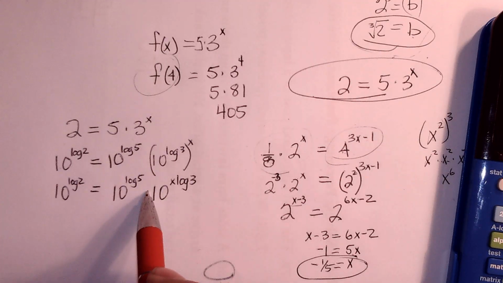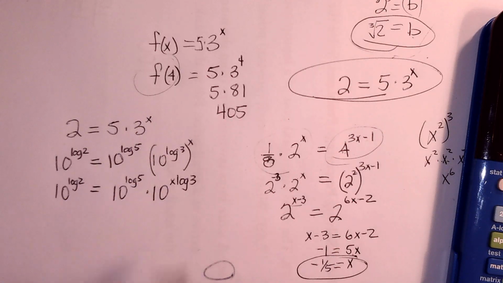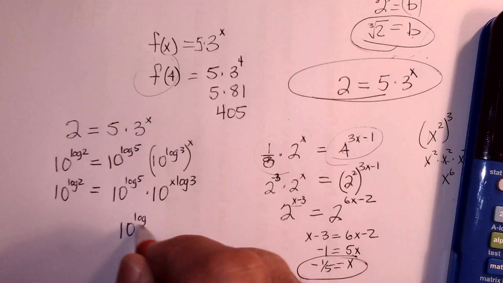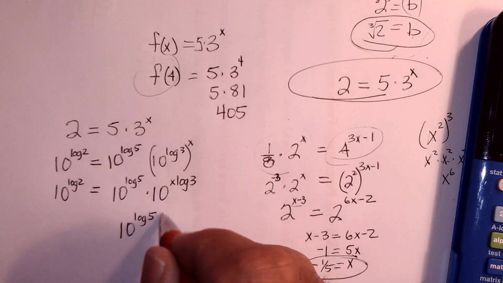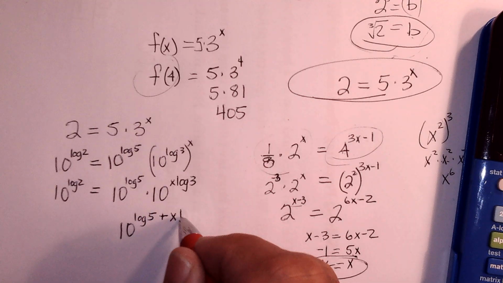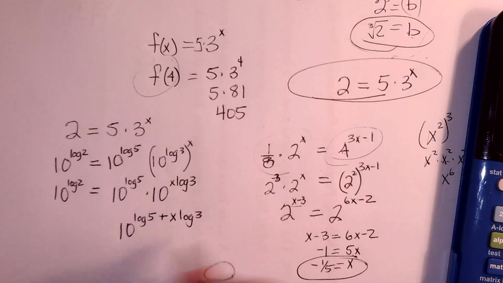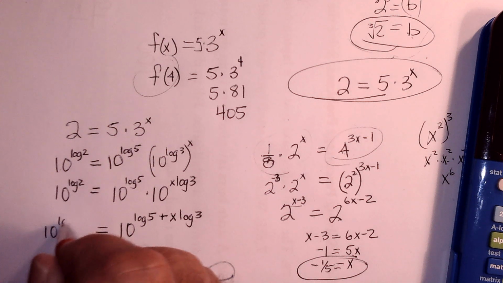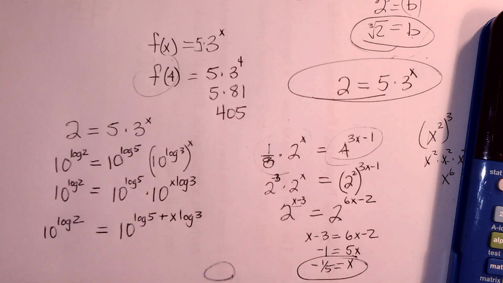And when you multiply, you add the powers, so we get 10 to the log of 5 plus x log 3 equals 10 to the log of 2.